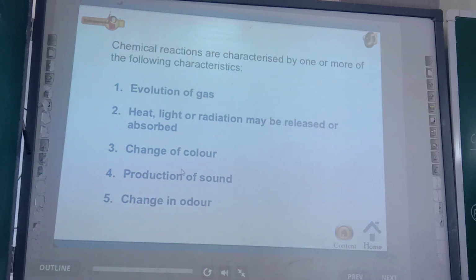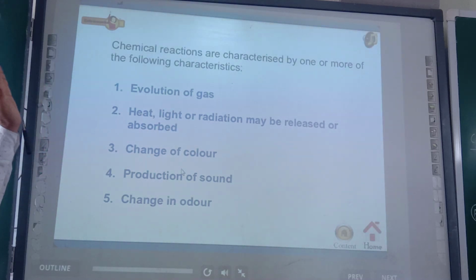Try to understand, wherever chemical reactions are taking place, they must be characterized by some character. Means during the chemical reaction there must be evolution of gas, heat, light or radiation may be released or absorbed, change of color, production of sound, change in odor. It doesn't mean that all characteristics should be present in any chemical reaction.